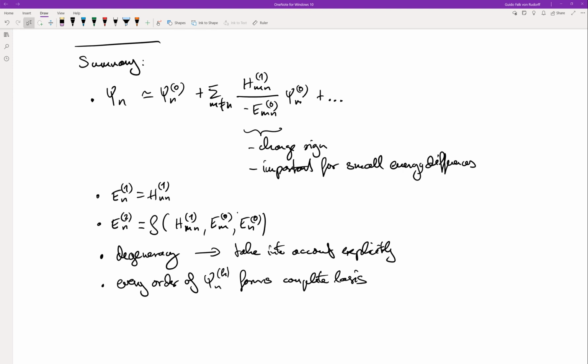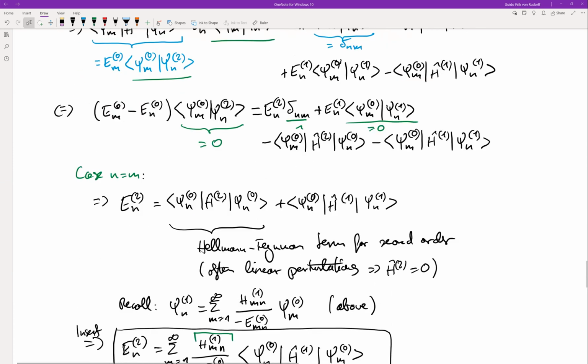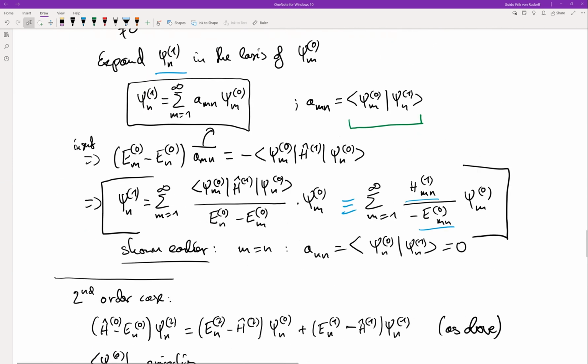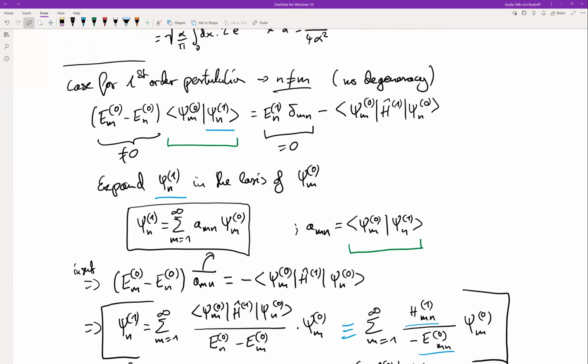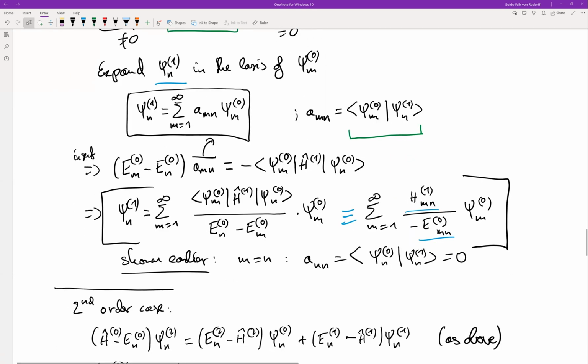I do have a question, actually. When you mentioned that when m equals n, then a_mn equals zero, you said it was shown earlier, but I think I missed where that was shown. That was here. Yes, shown earlier. This one, you mean? Is that correct? Yeah, that is zero.